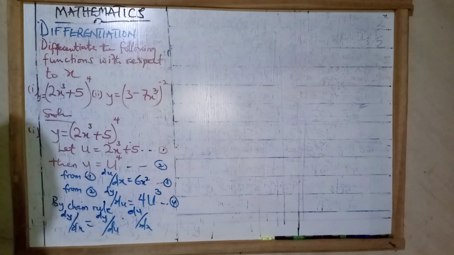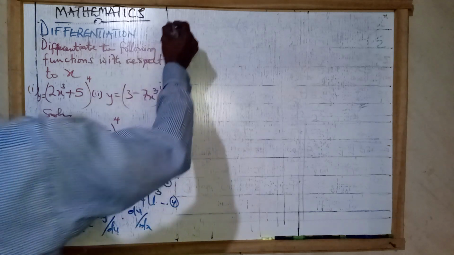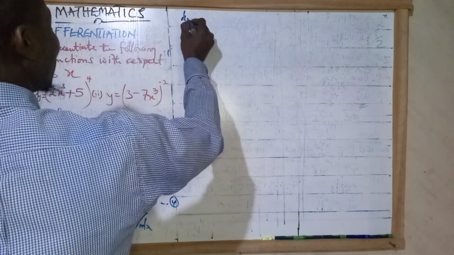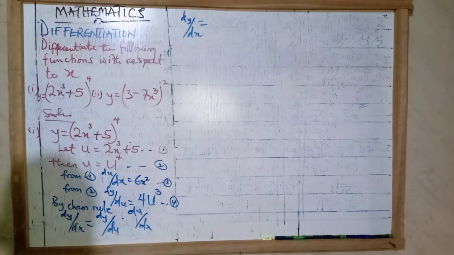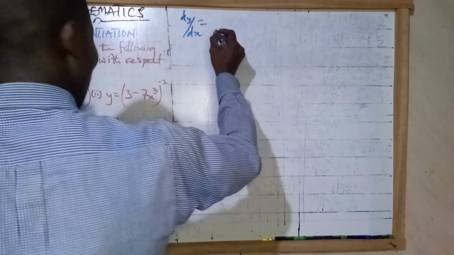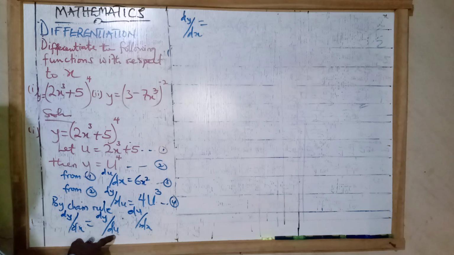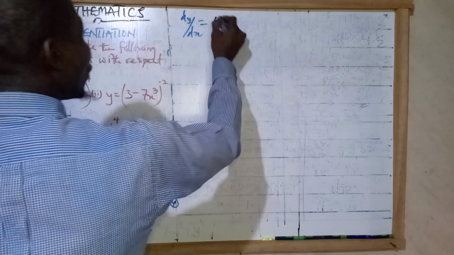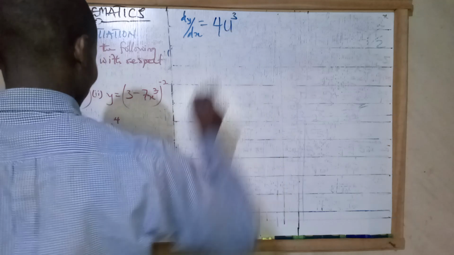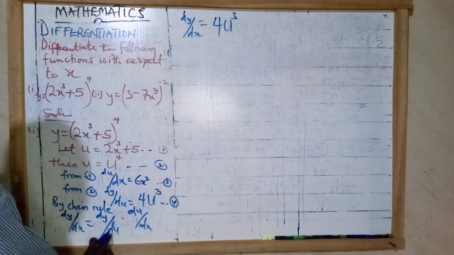So what is our dy/dx going to give us here? dy/dx will give dy/du in equation 4, we have 4u raised to power 3. That's dy/du.